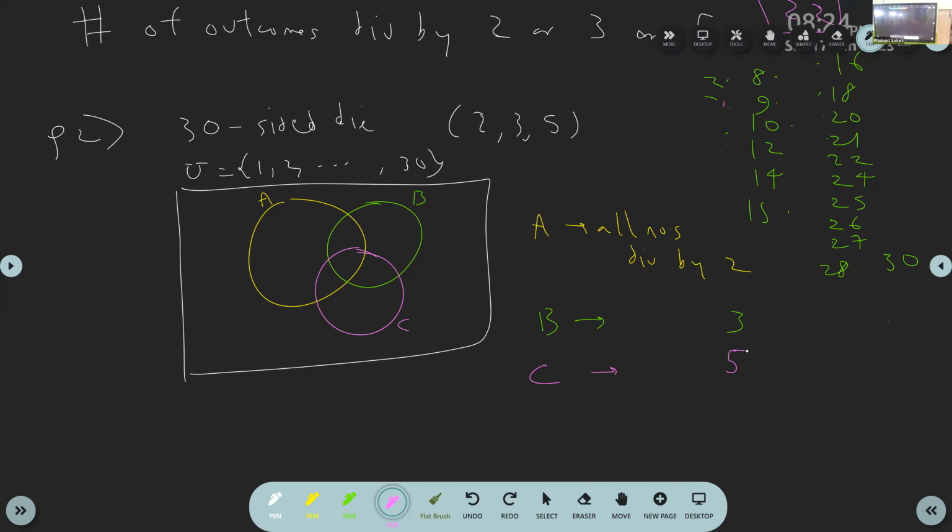Okay, so this is what my Venn diagram will look like. So can you give an example of a number which will be in the middle? Divisible by 30, right? I'm only going to 30. So in fact, 30 will be the only element over there.